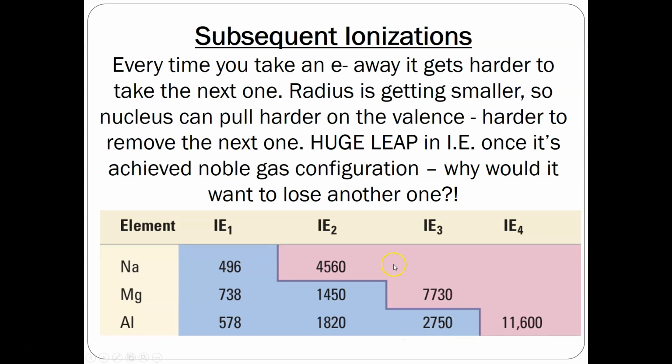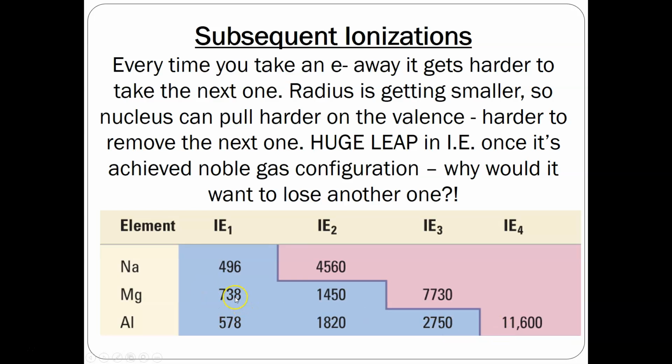You can look at a chart like this and you can figure out what the charge is likely to be by finding where you have this giant leap. When I look at this chart and I see it kind of doubled, oh my gosh, look at that huge jump. Well, that's telling me this is probably going to be a +3 ion.